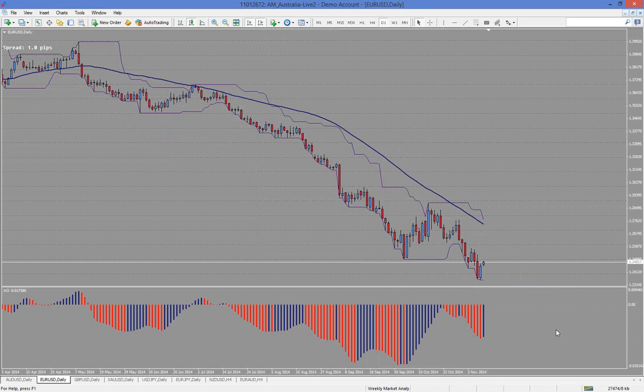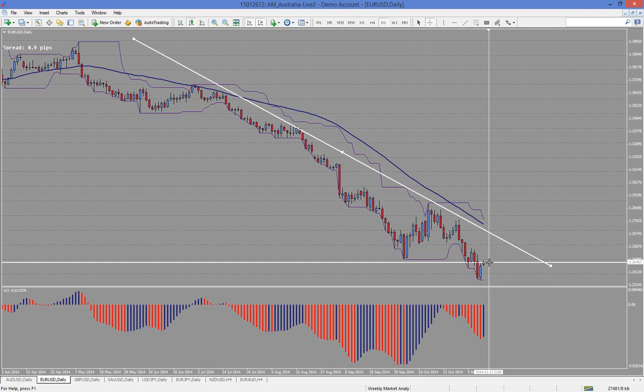Paul saying I would be careful of the resistance trend line. Okay, so is that what you mean, Paul? Something like that? Is that what you're referring to? Yep. Okay. All right, it's not so confirmed to me as yet, but in any case, let's say that is the line there.